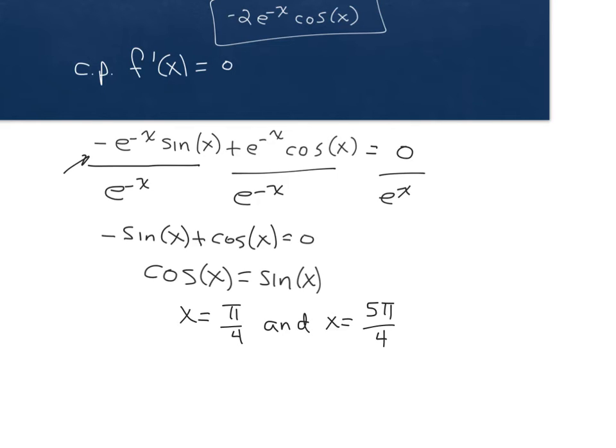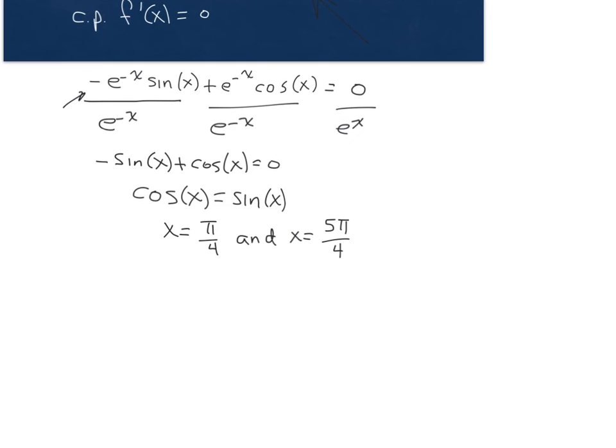Now I'm going to find inflection points, so I'm going to set the second derivative equal to 0. Inflection points are found by setting the second derivative equal to 0. My second derivative was negative 2e to the negative x cosine x equals 0.